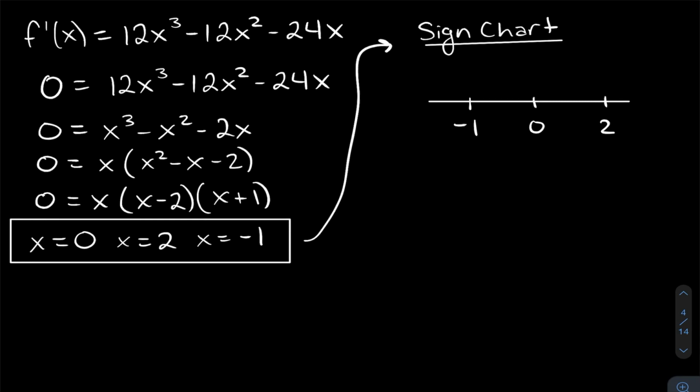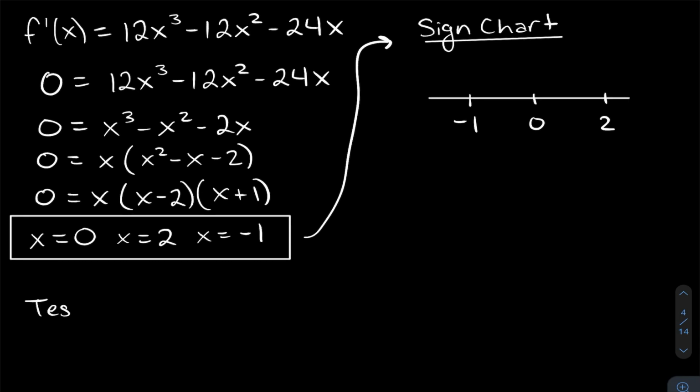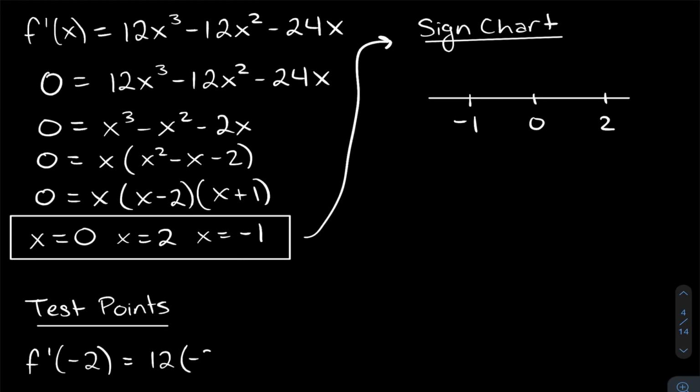So we're going to start off here with our test points. The first test point that we'll use out here, I think it's best to use just -2. You don't want something too big. I would go the next number over, that's going to be -2. So let's plug that in. We get that f prime of -2 is 12 times -2 cubed.